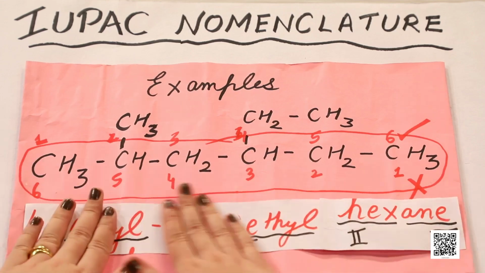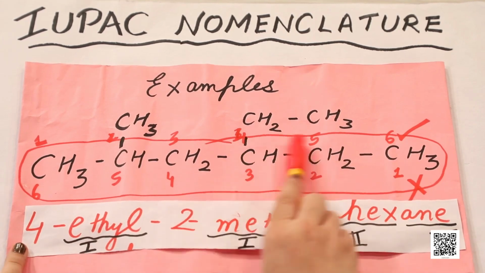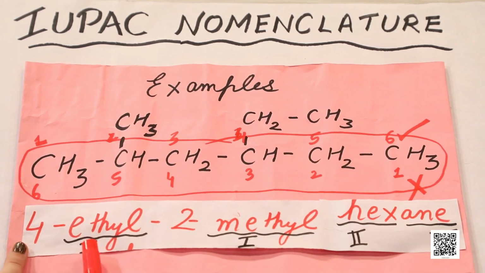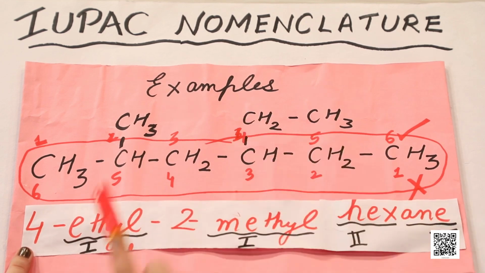Now, when we come to the name of this compound, as I told you in the previous slide, first part is prefix. So, here there are two prefixes, ethyl and methyl. When we go alphabetically, first we will write ethyl. Position of ethyl is 4. So, we will write 4-ethyl.